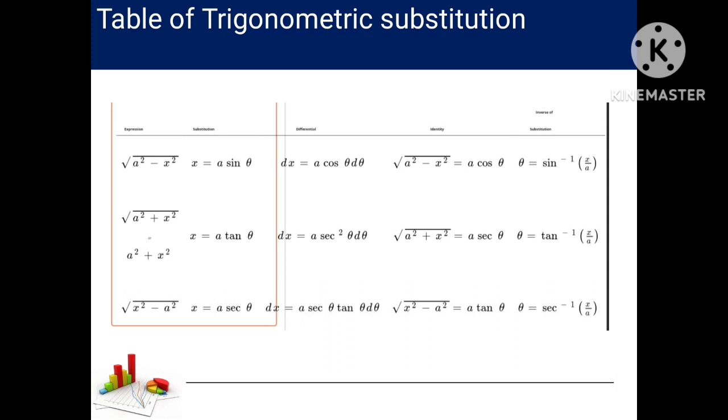Its differential is dx is equal to a cosine theta d theta. Its identity is square root of a squared minus x squared is equal to a cosine theta. And its inverse substitution is theta is equal to sine inverse, or arc sine, of the quantity x over a. So the second one and the last one are the same.